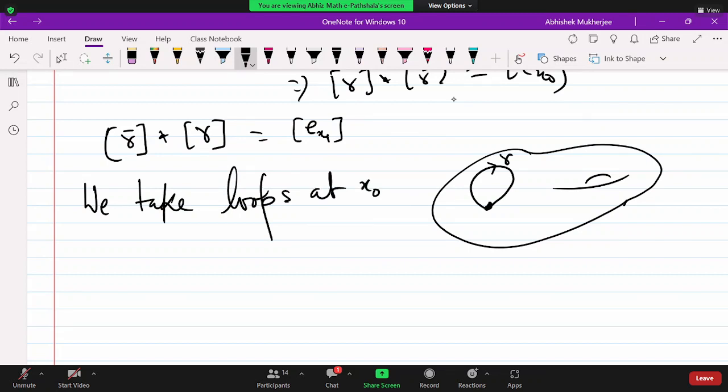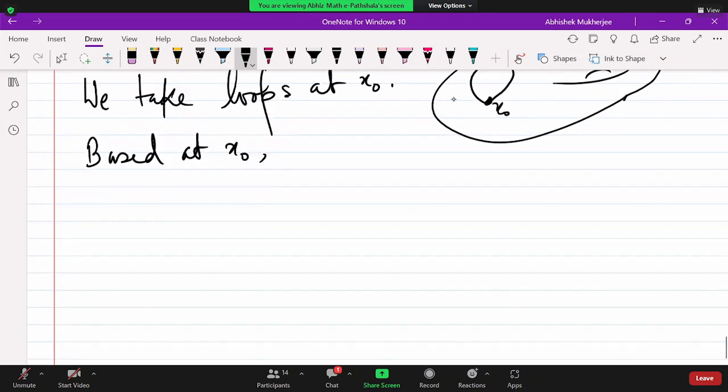That means there is a path in x that begins and ends at the same point. Now consider a point in the space, let us call it x naught. You can always think of a set.